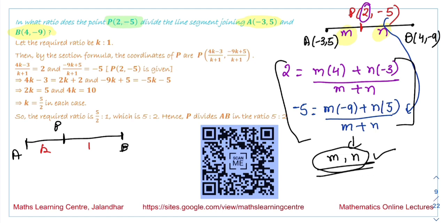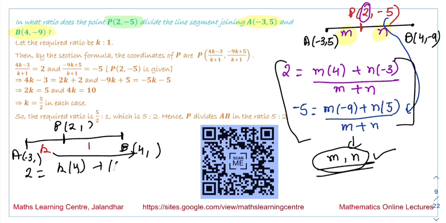When it is dividing it in the ratio k is to 1, the formula we write is 2 is equal to, 2 is the x coordinate over here, x coordinate over here is minus 3, and x coordinate over here is 4. So 2 is equal to k into 4 plus 1 into minus 3 over k plus 1.